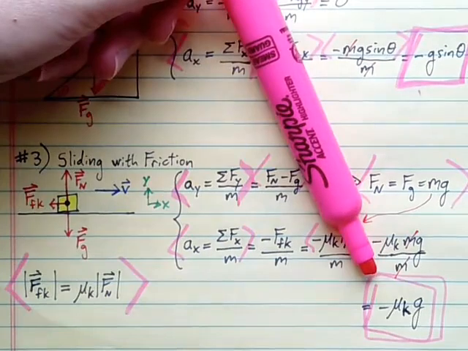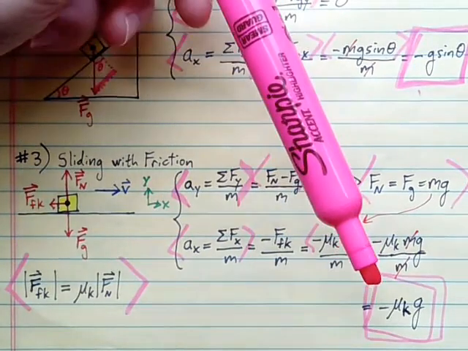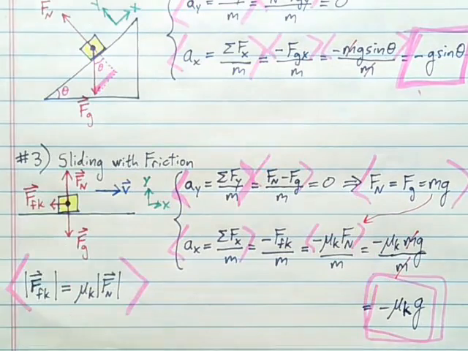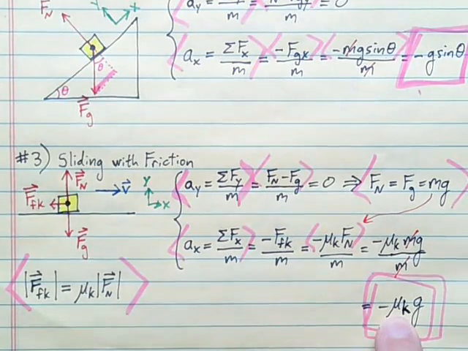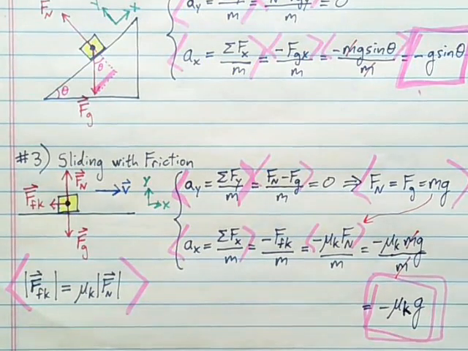Any object sliding along this surface will have this acceleration, depending only on the composition of the materials, that is, dependent only on the coefficient of kinetic friction right here. So it doesn't depend how massive the object is, it depends on what it's made of. What it's made of completely determines what the acceleration is going to be.